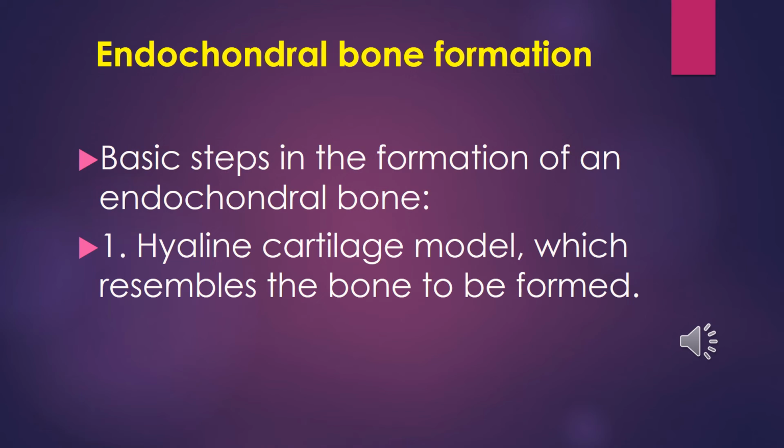The first step is the hyaline cartilage model forming. In the early period of embryonic development, the skeleton of the embryo is composed of hyaline cartilages, and then on the model of hyaline cartilage bones start to form, and the first bone is primary.